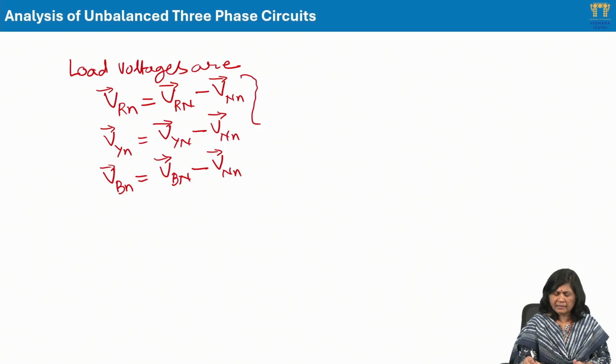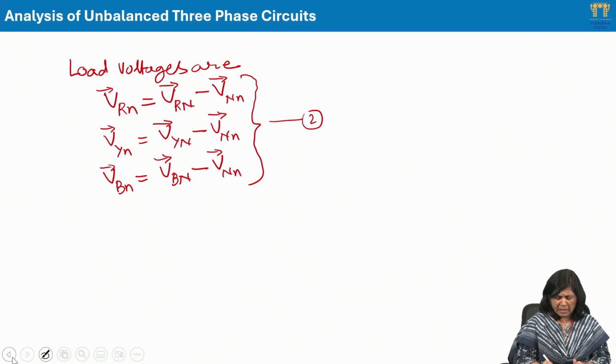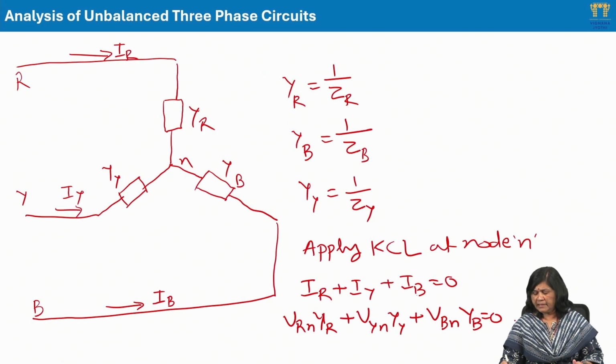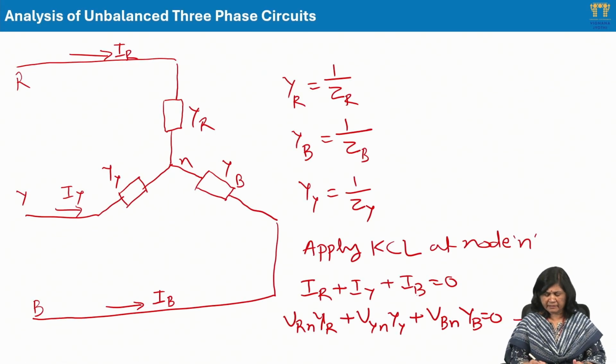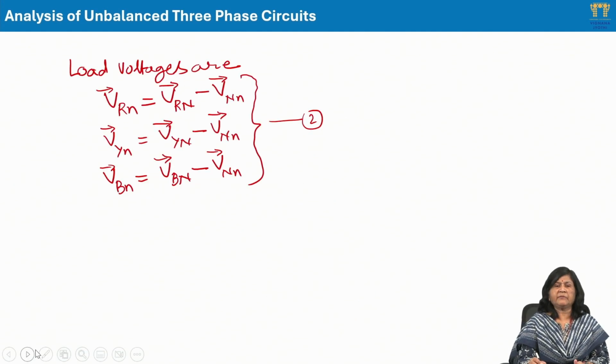Now all these equations we have used, I'll take this equation as equation number 2 and my previous equation as equation number 1. So I'll substitute equation number 2 into equation number 1. What do we get here?